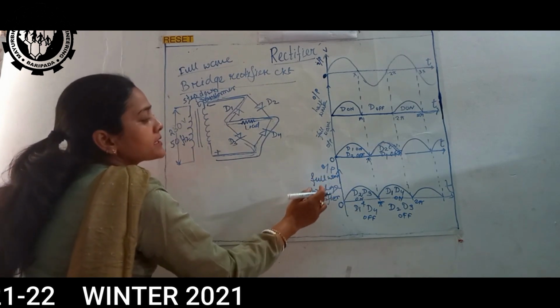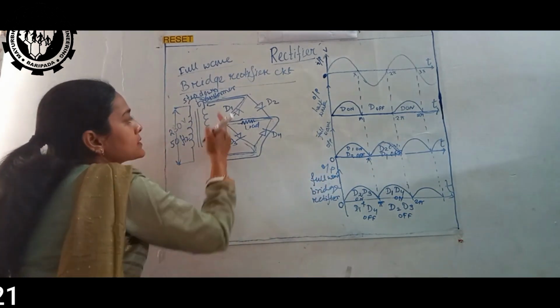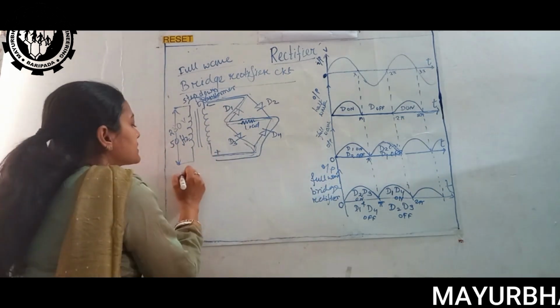For the full bridge rectifier, what happens in the first half cycle?